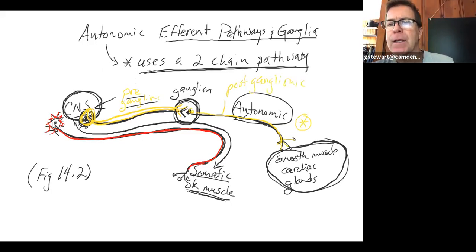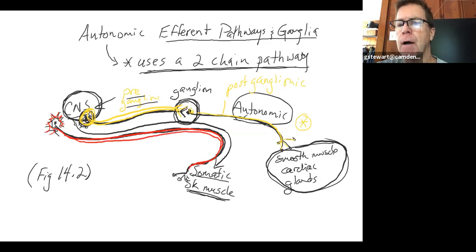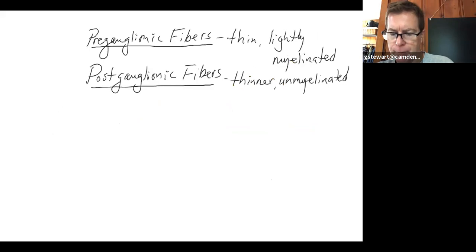So that tells us that that entire pathway is going to be very slow, especially compared to these guys, which are typically heavily myelinated and super fast. All right, I'm going to go back to here.